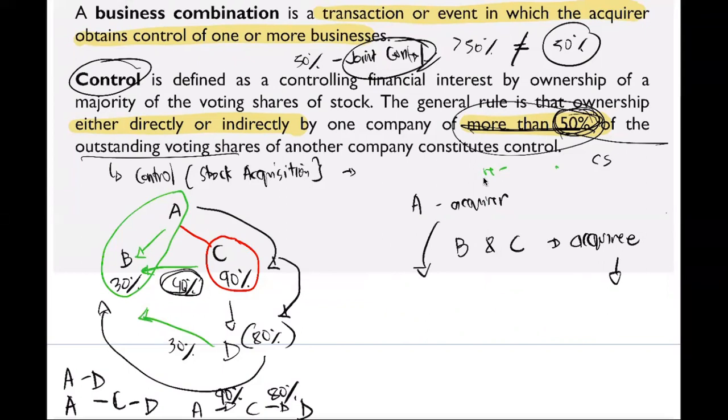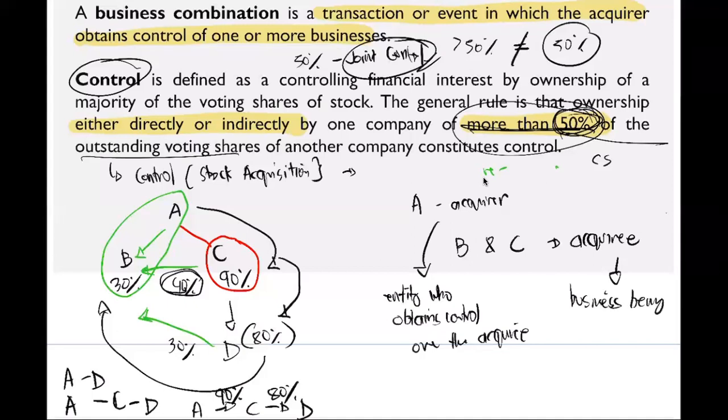An acquirer is known as the entity who obtains control over the acquiree, while the acquiree is the business being acquired. Okay?